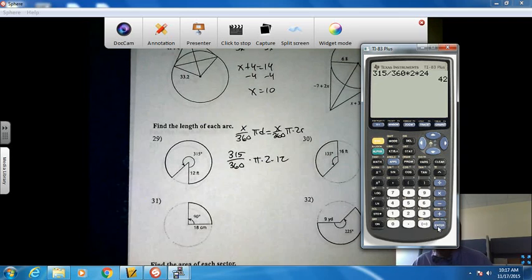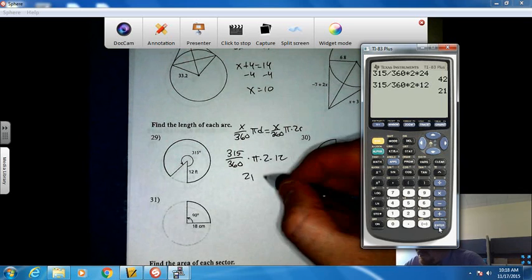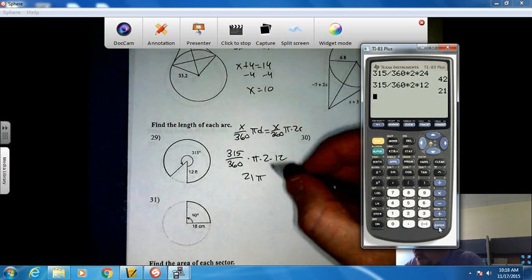I accidentally typed in 24. It should have been 12. So let's cheat a little bit here. Maybe they come back. 12. There we go. I knew there was an issue with what I was typing. So that gives me 21. I did not include the pi, so that needs to still be there. In this case, it is feet.